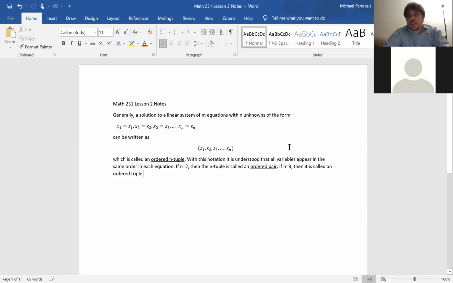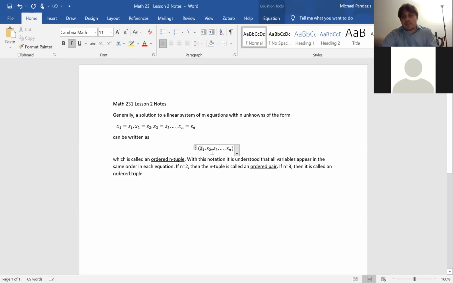Okay, and you express a solution as an ordered n tuple where the components of the ordered n tuple correspond to the assigned values of your unknowns in your linear system that satisfy every equation in that linear system. So when you have 2 unknowns in a linear system, a solution is an assignment that gives 2 values, one for each of the 2 unknowns.